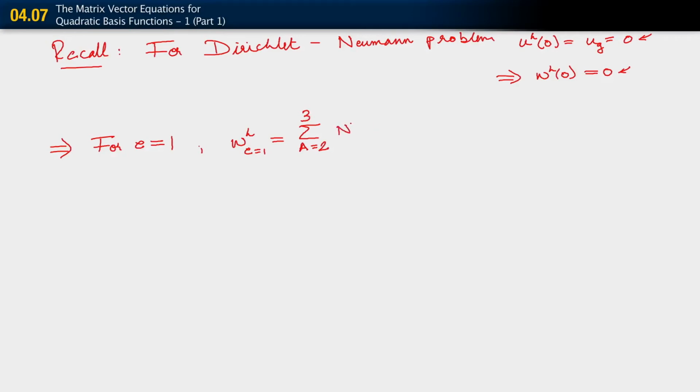And going from local to global numbering of degrees of freedom, here's what we get when we write out our matrices and vectors coming from our weak form.